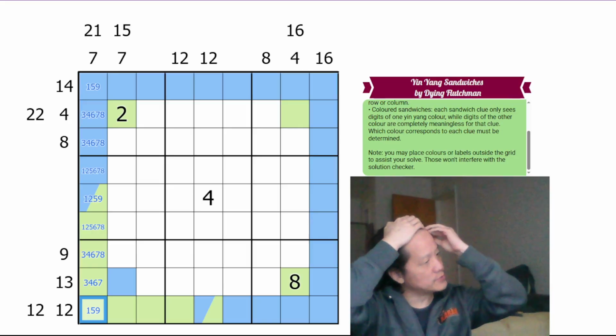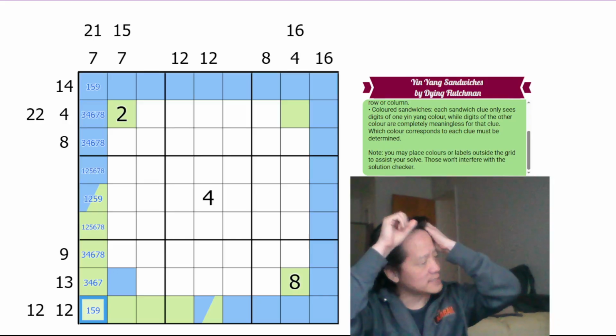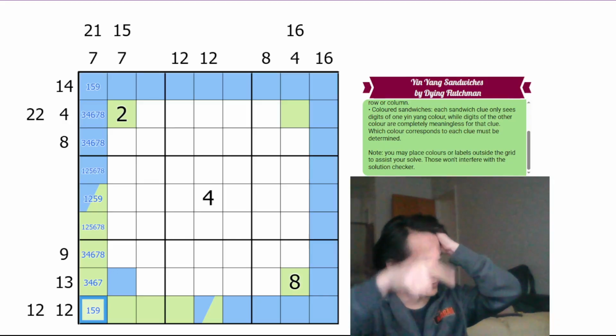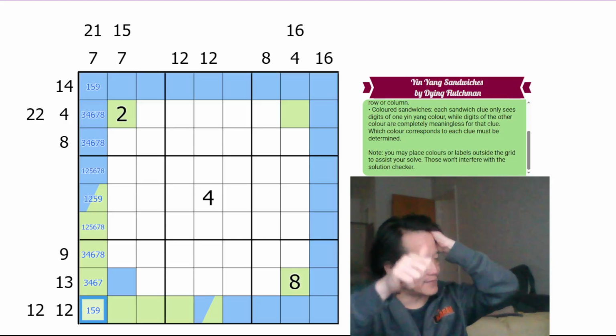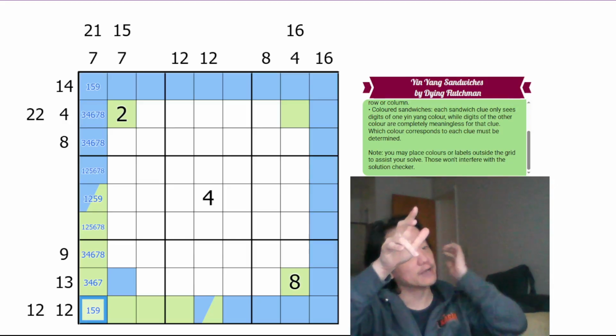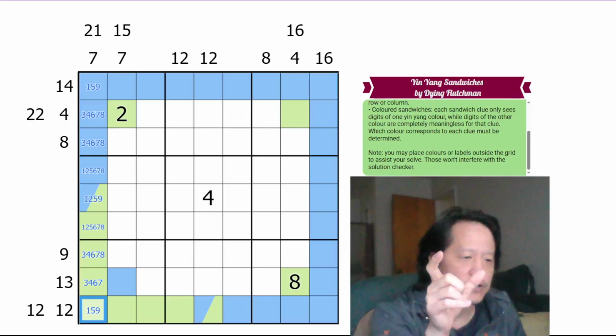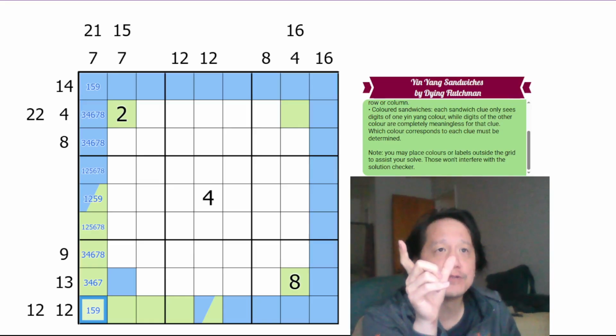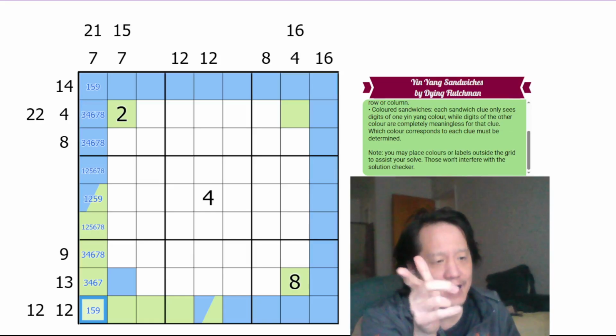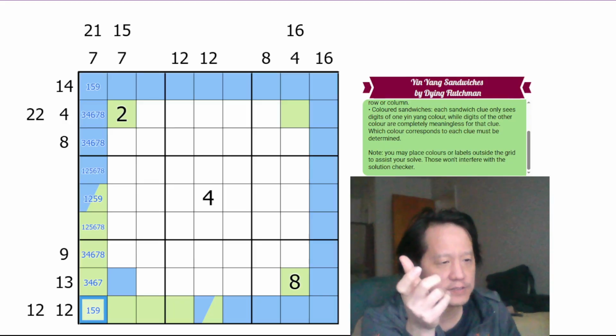That leaves, so 2, 4, 6 has to be between 1 and another digit, which can be 1 and 7, 1, 8, or 1, 9. And the other 2 digits that are in between has to be between 3 and 9, or 3 and 8. And it would have to be 5, 7, which works either way.